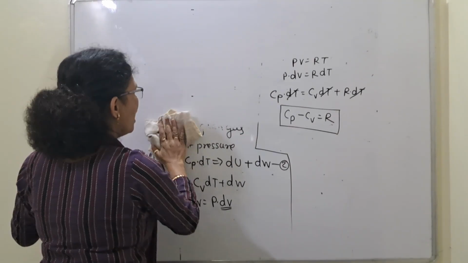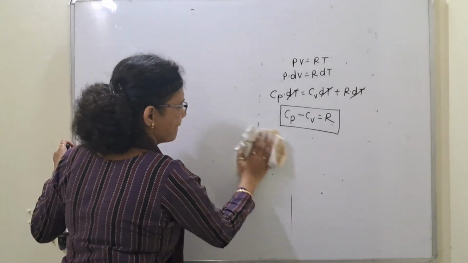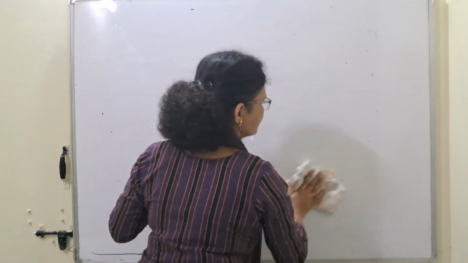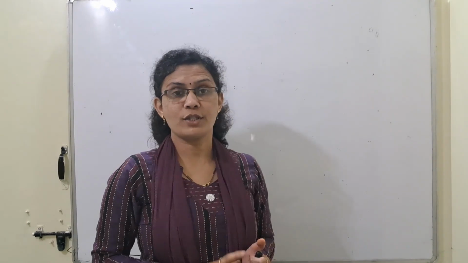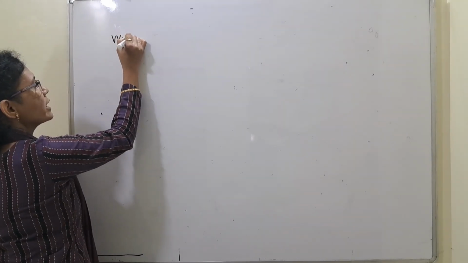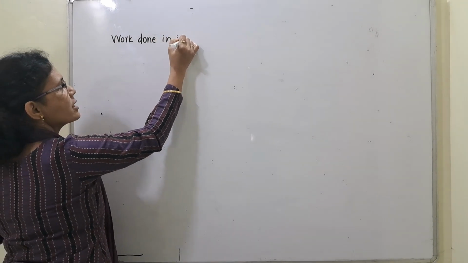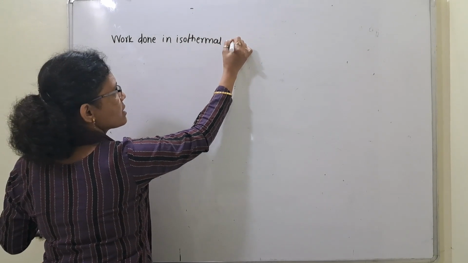Work done in isothermal process. Okay. So first you have to know what is meant by isothermal process, right? We are going to do the expression for work done in isothermal process.